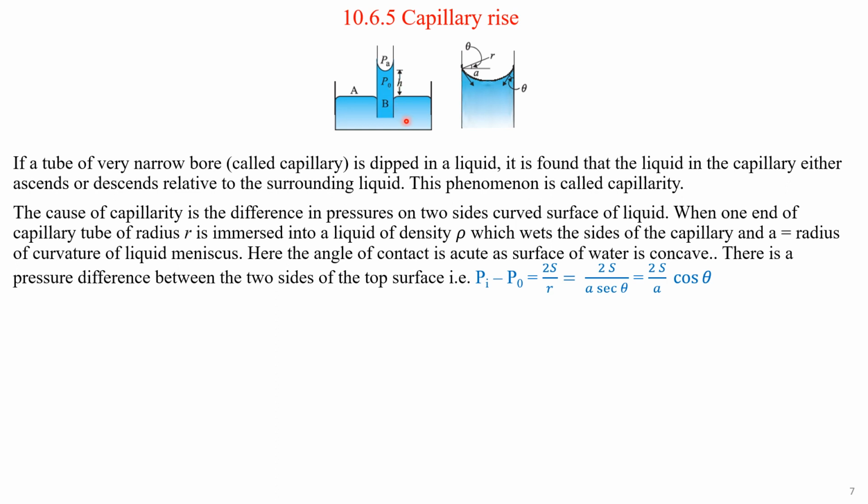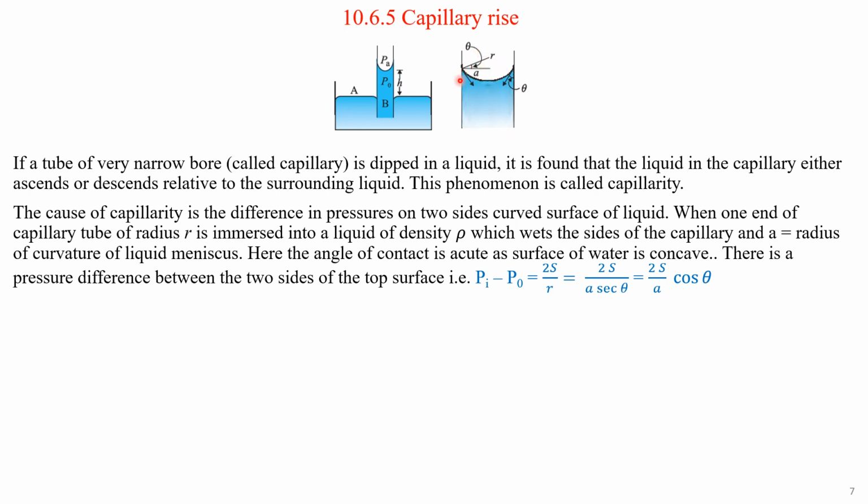There is a pressure difference between the two sides of the top surface. That is Pi minus Po, where Pi is the inside and Po is the outside pressure, that is equal to 2S by R, that is equal to 2S by A secant theta. R is A secant theta.